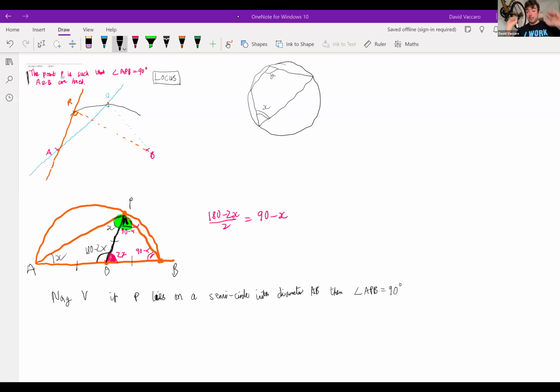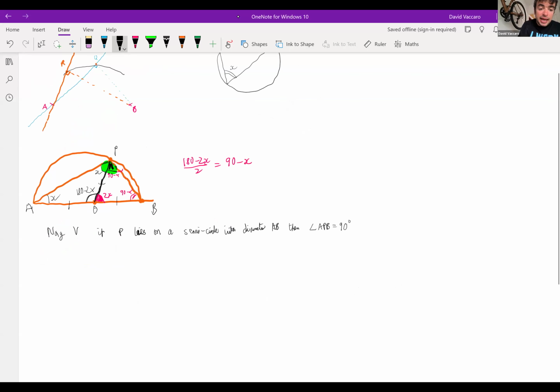So what Nag has done is quote this circle theorem, which says that any point on a semicircle subtends an angle of 90 degrees. And obviously we can take the semicircle beneath and that would give me the whole circle. So here's my circle.